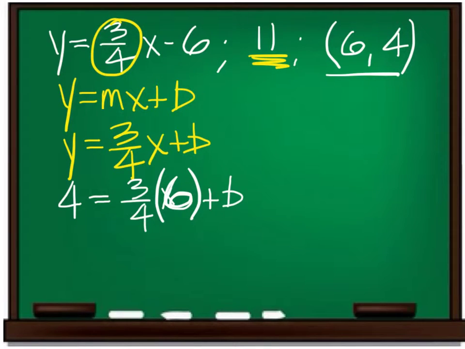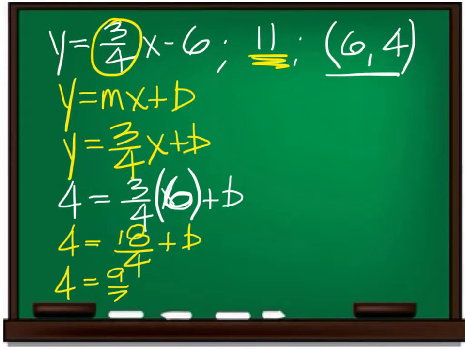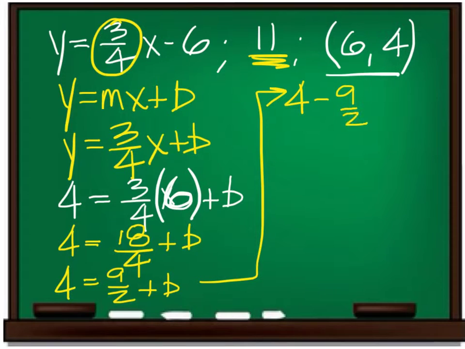Solve for b. 3/4 times 6 is 18 over 4. Reduce that to 9 over 2. And move that 9 over 2 over to the left-hand side to get 4 minus 9 over 2.